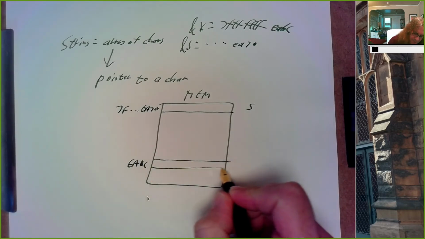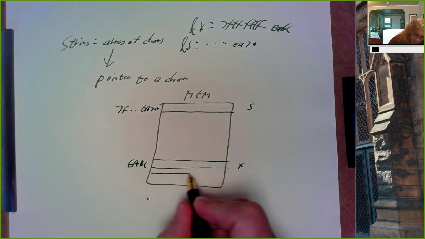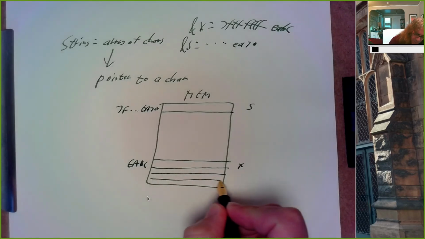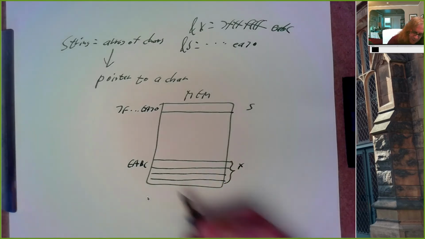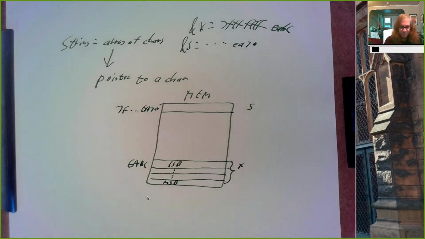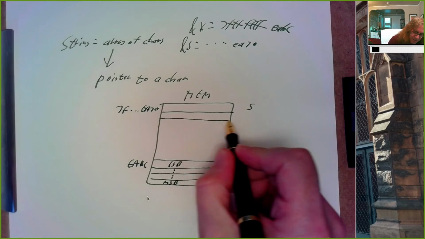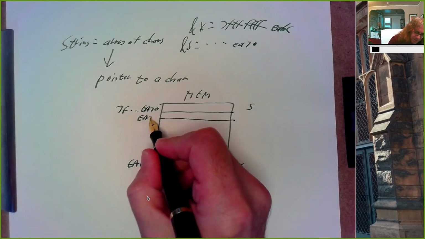EABC, that's where X is stored. And remember, X occupies 4 locations, starting with the least significant byte, going down to the most significant byte. S takes 120 bytes of storage because each character takes a byte. So S begins at EA70, but it should occupy the next 120 locations.